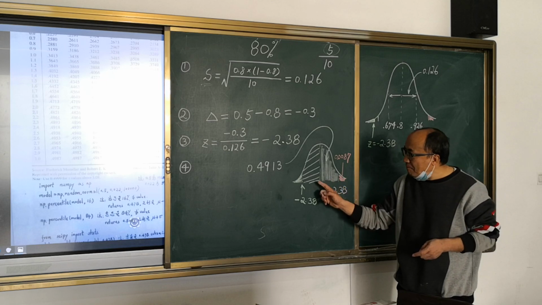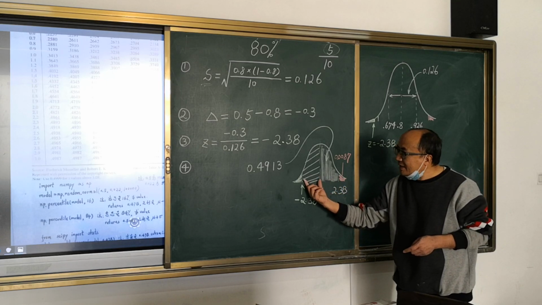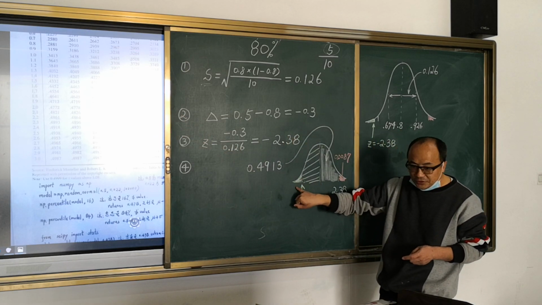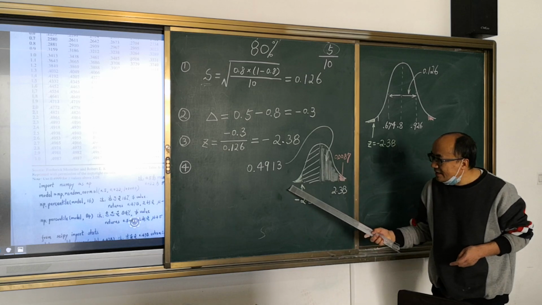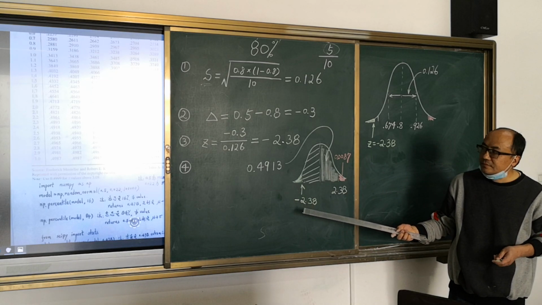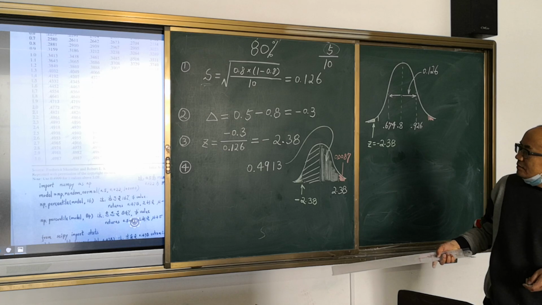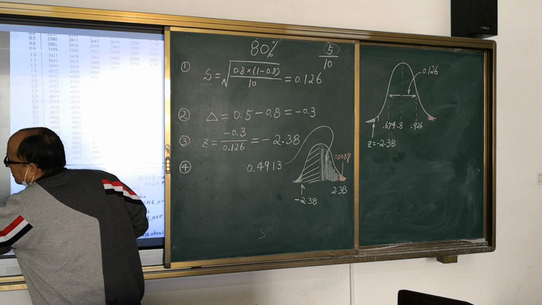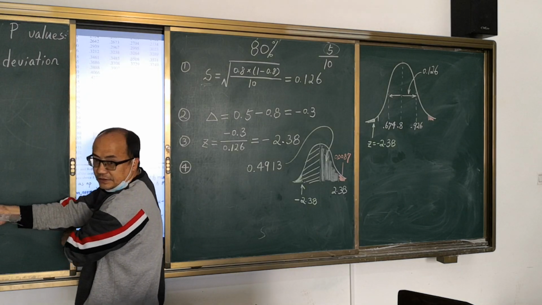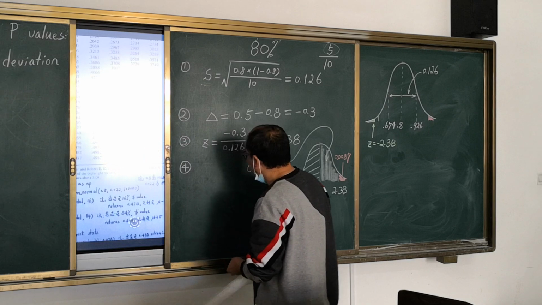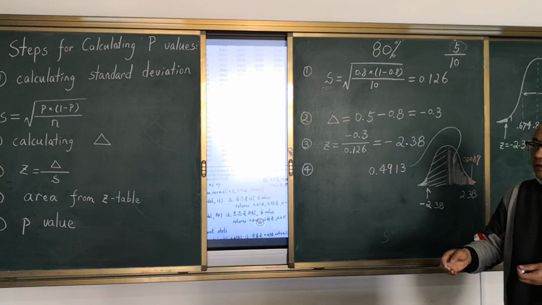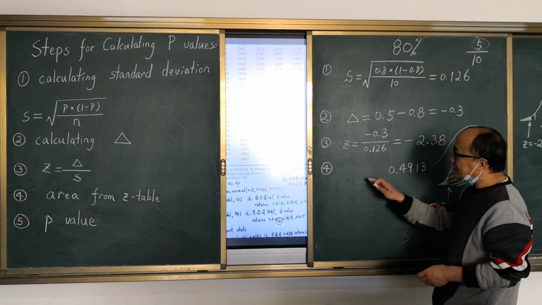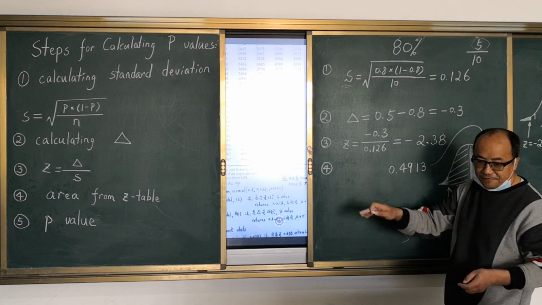So 0.5 minus what you have on the z table, then that is that little tail. Okay, this is step 4, the area from the z table.